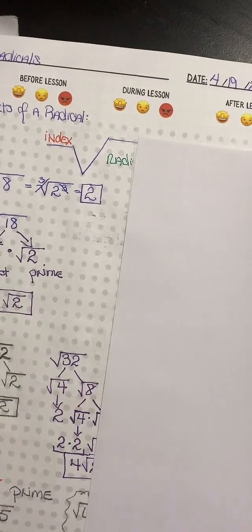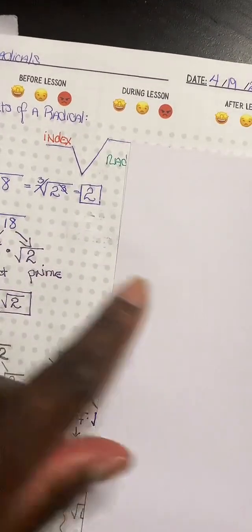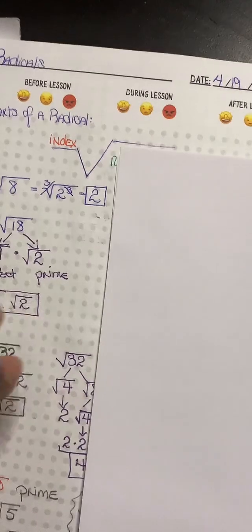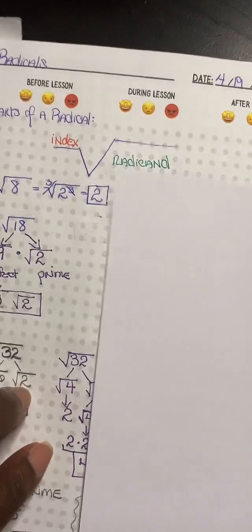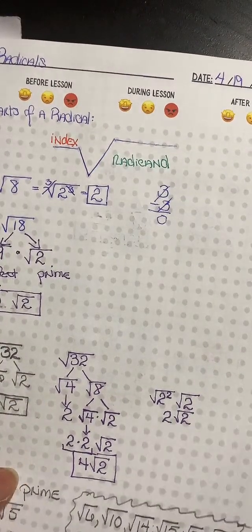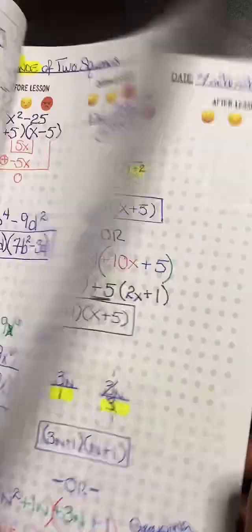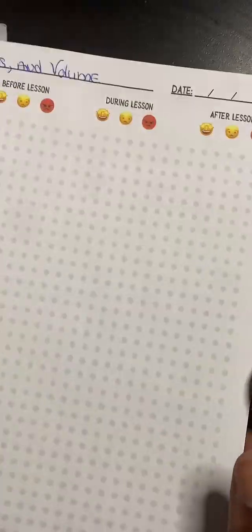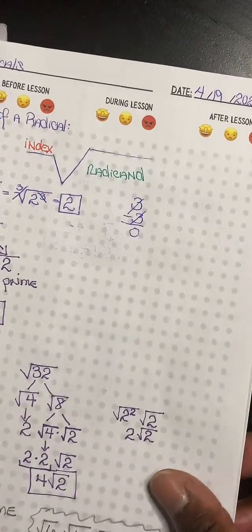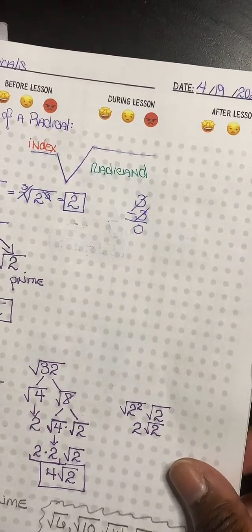You do the work on that separate sheet of paper. Once you're done, that's when you bring the notes back in, and then you use your notes as an answer key. That's how you study math. You can't just be like, oh, I think I know this. Yeah, got it. Yeah, this is great. No, it doesn't work that way.